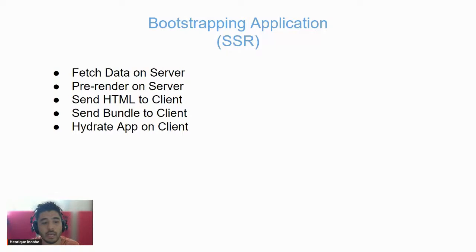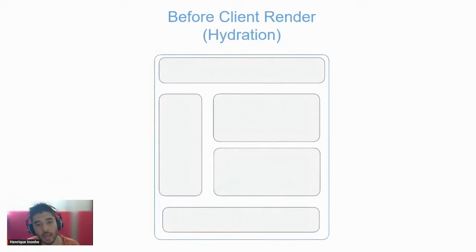Now, this hydration process is basically because we do not need to render the application from scratch on the client. We already have the HTML, we already have the DOM nodes. We just need to do some stuff like attaching event handlers and some other stuff. And we call this process hydration, right? So now, before the client hydrates, this is what your users see.